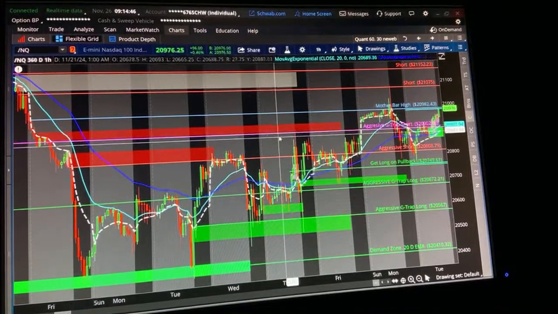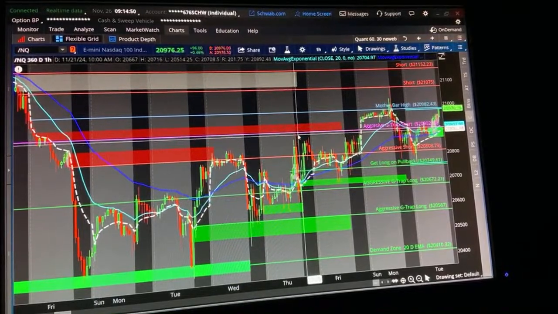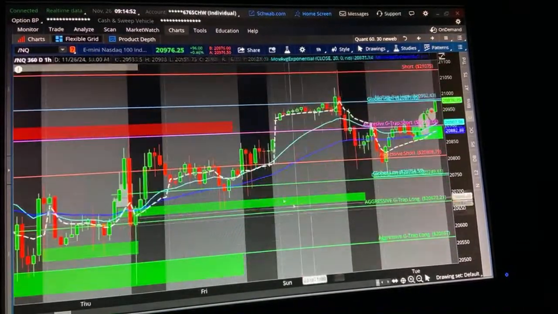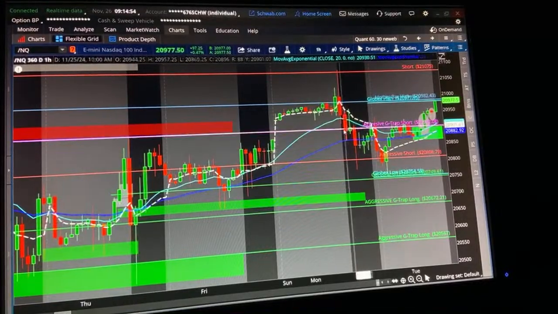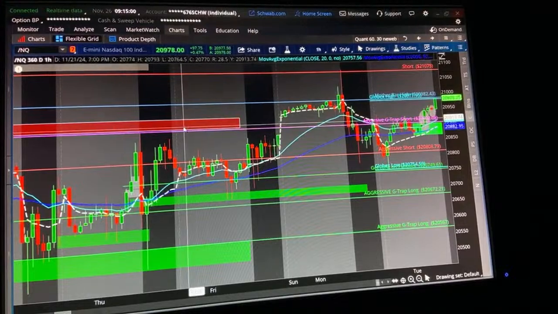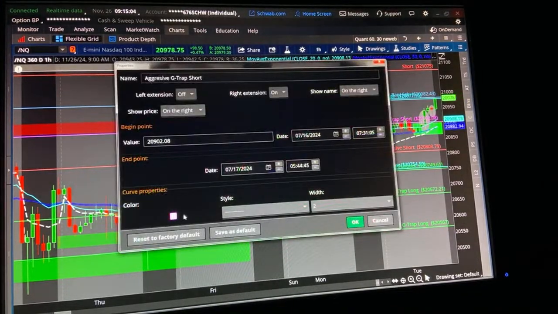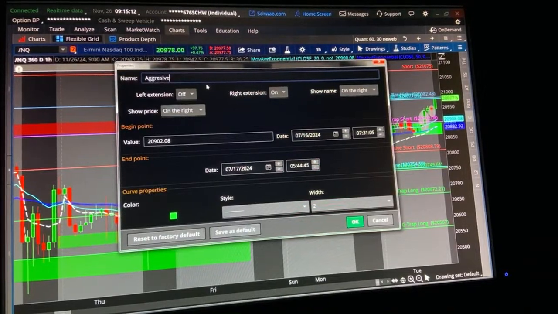This supply zone tagged right there, little supply, and had a little correction off that. Pinsky, I remember that level from Dylan, one of our members: 20,911. So I'll turn that green and put that to the right. This is not a Globex trap, but this would be an aggressive demand zone.